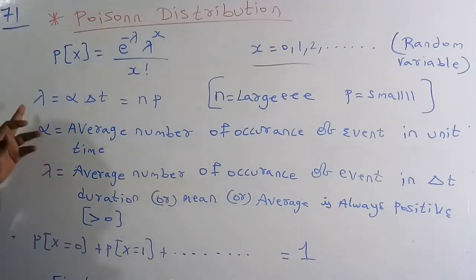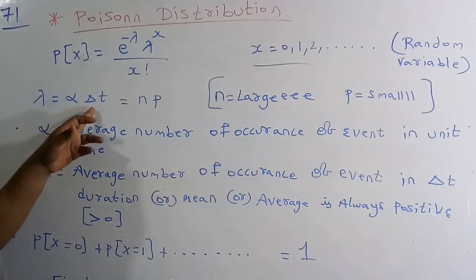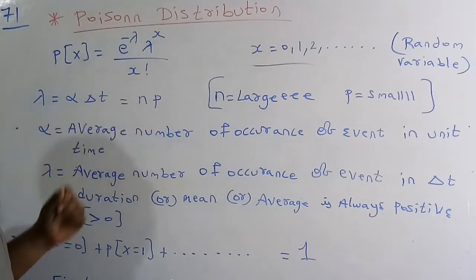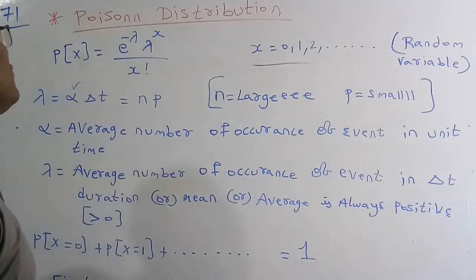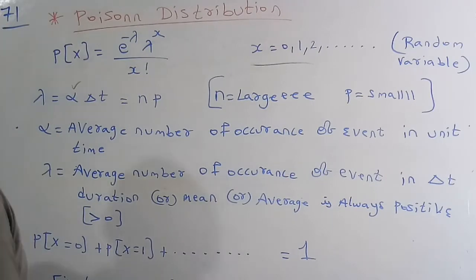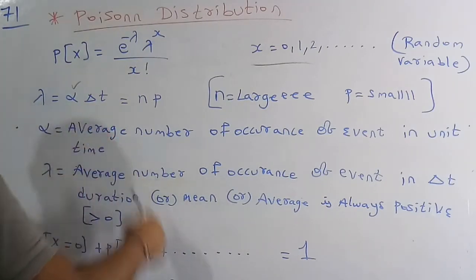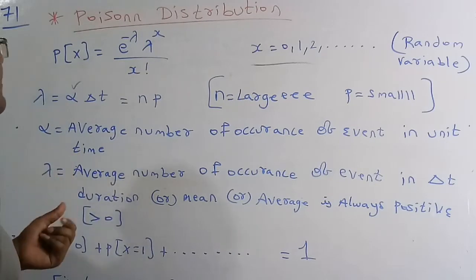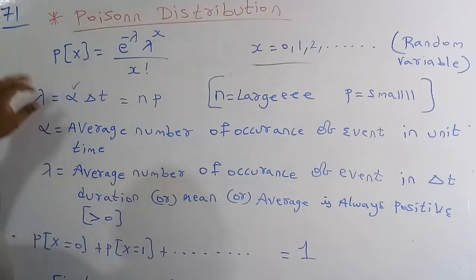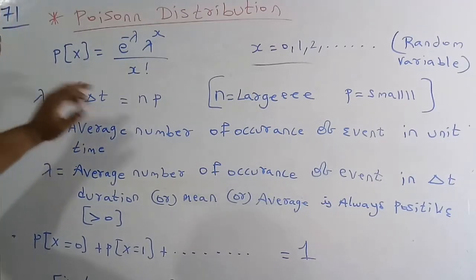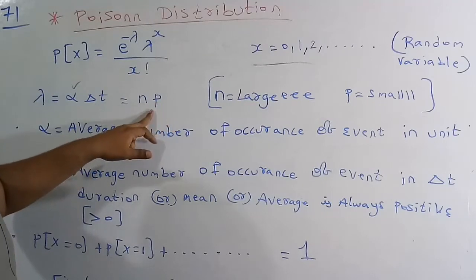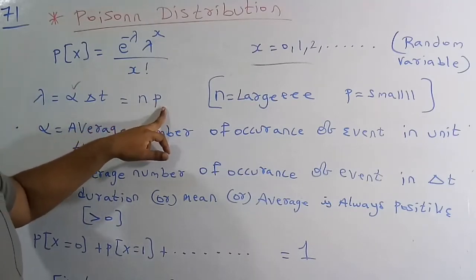So then lambda is equal to alpha into delta t is equal to n into p. As I have already told you, lambda is the average number of occurrences of the event in a unit time, where lambda into delta t is the average number of occurrences of the event in delta t time duration, or it is also called the mean, and the average value is always positive, greater than 0, and it is equal to n into p, where n is the number of trials and p is the probability of success.